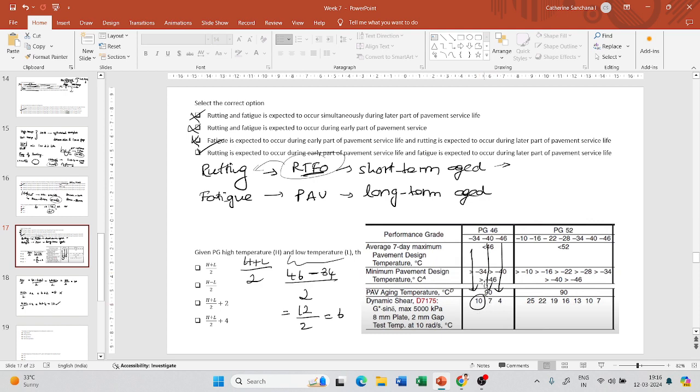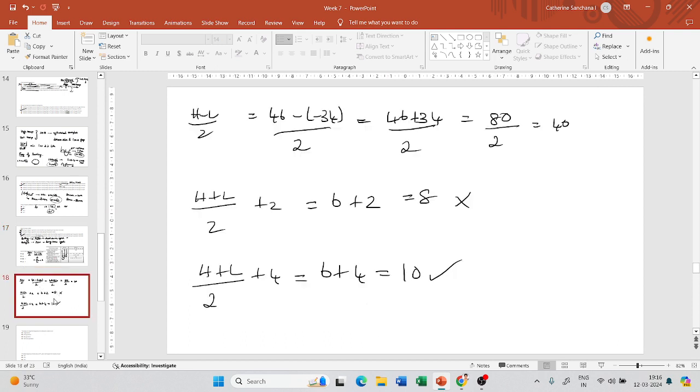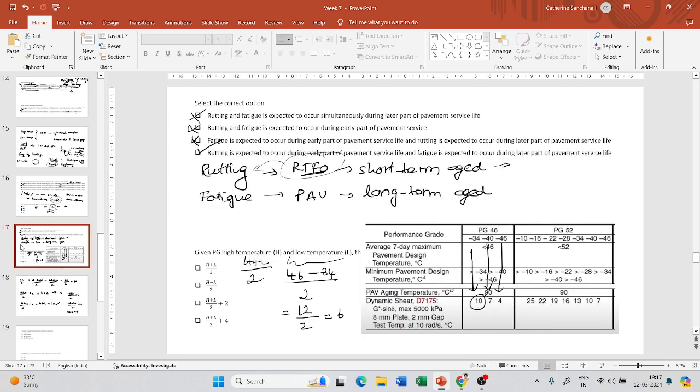So we checked for the first temperature. Let us check for the last one, 40 and 46. So H plus L by 2 plus 4, 46 minus 46 by 2 plus 4, 0 plus 4 equals 4. Do you see 4 here? I want to check one more temperature, let us say 52 and 34.